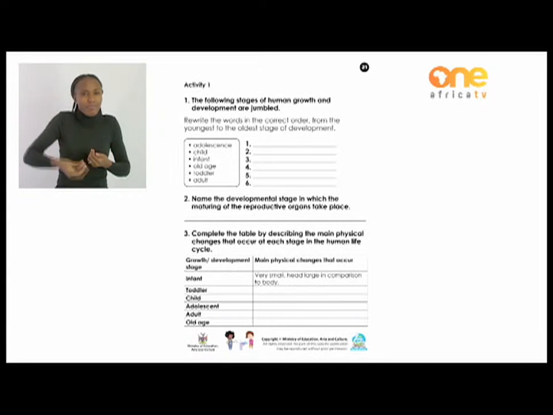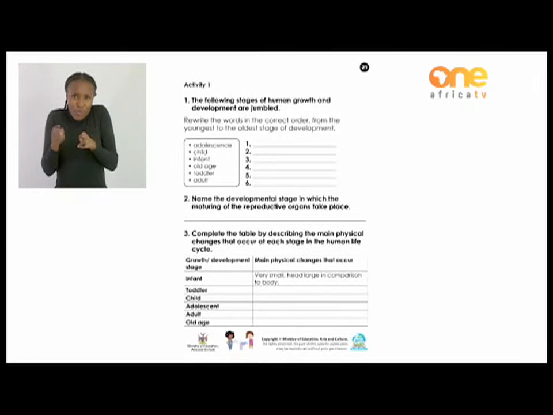We have growth or developmental stages on our left: infant, toddler, child, adolescent, adult, and old age. And then on our right side, we have the main physical changes that occur. Infant is already done for you as an example. So you have now to continue with the rest by giving all the details regarding each stage of development.